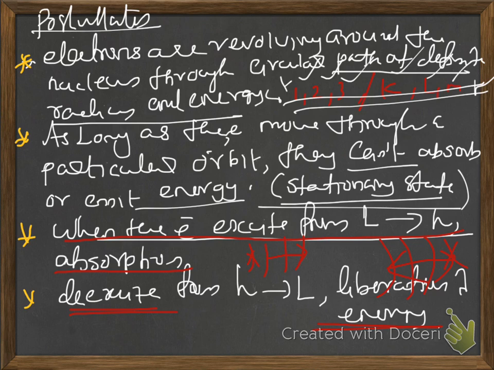When electron is moving through a particular orbit, there is no chance of emission or absorption. But when electron is ready to go to higher levels, they have to accept or absorb energy. When electron is moving from higher level to lower level, they have to emit the energy. So, absorbed energy or emitted energy.